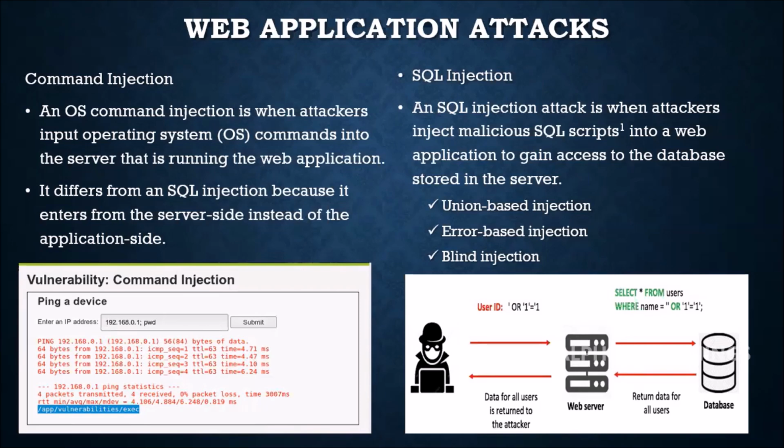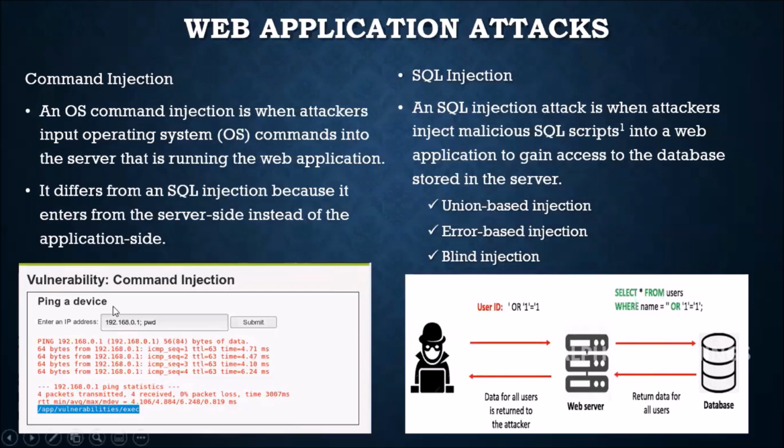But instead of entering the relevant information, if I enter something related to the server command, and if I get a response for that, it is called a command injection vulnerability. And since the input I am feeding is an operating system related command, it's called a command injection.